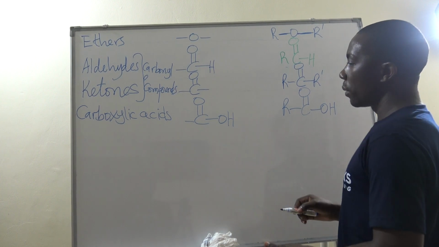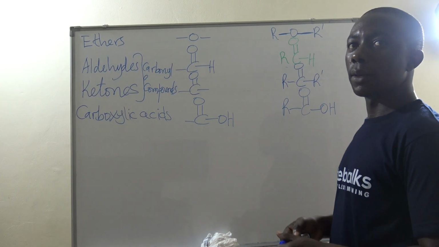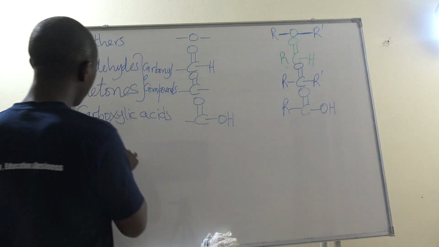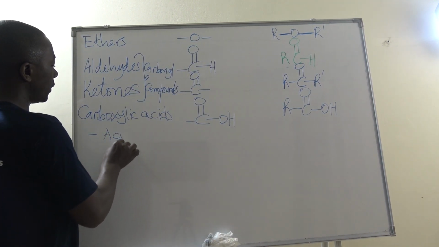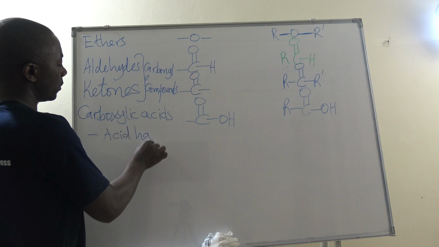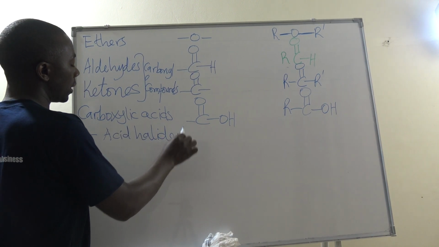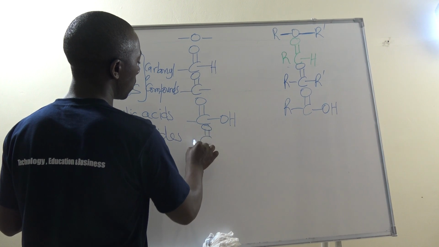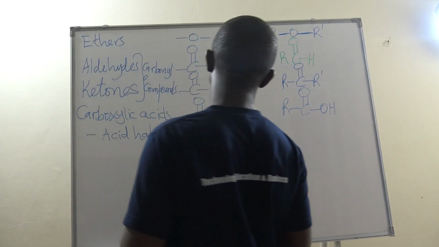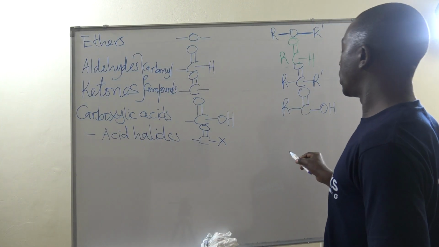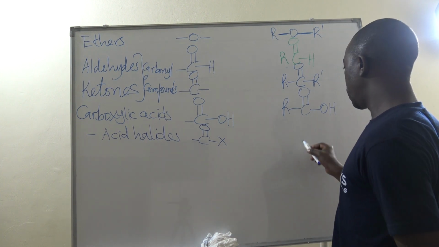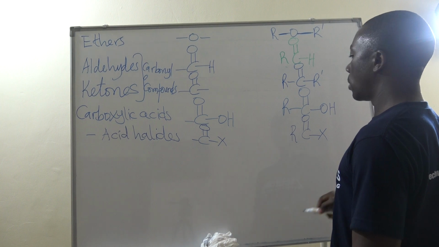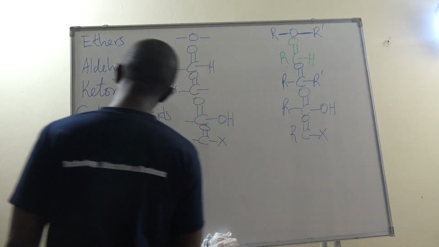These carboxylic acids have derivatives like acid halides, which have a functional group R-X, where X is a halogen. That's an example of acid halides.